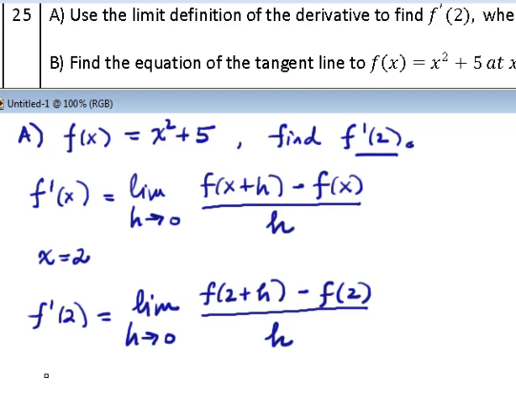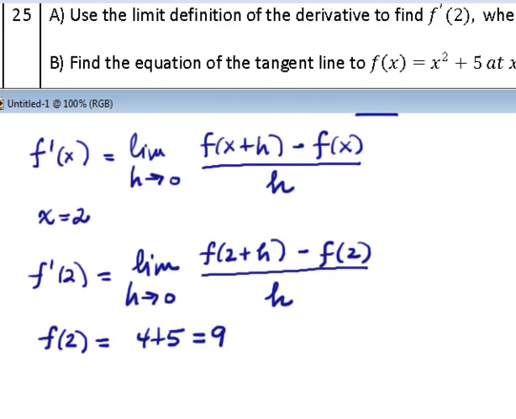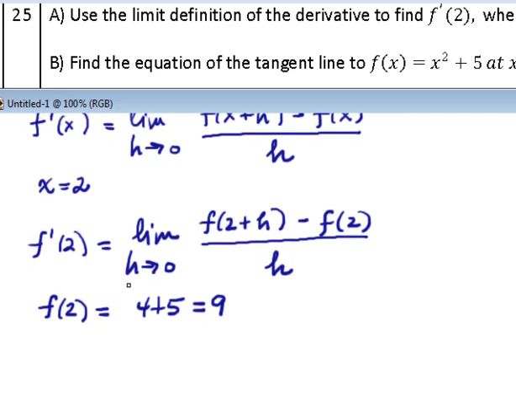All right, so first let's do f of 2. That's 2 squared plus 5. Okay, so f of 2 is 9. And now let's look at f of 2 plus h.